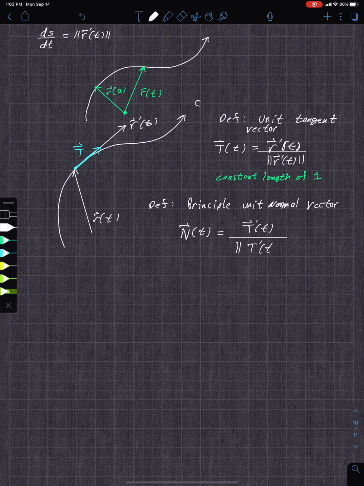So it's normalized, again, because you divide by magnitude. That's called the principal unit normal vector, and it has an interesting property.